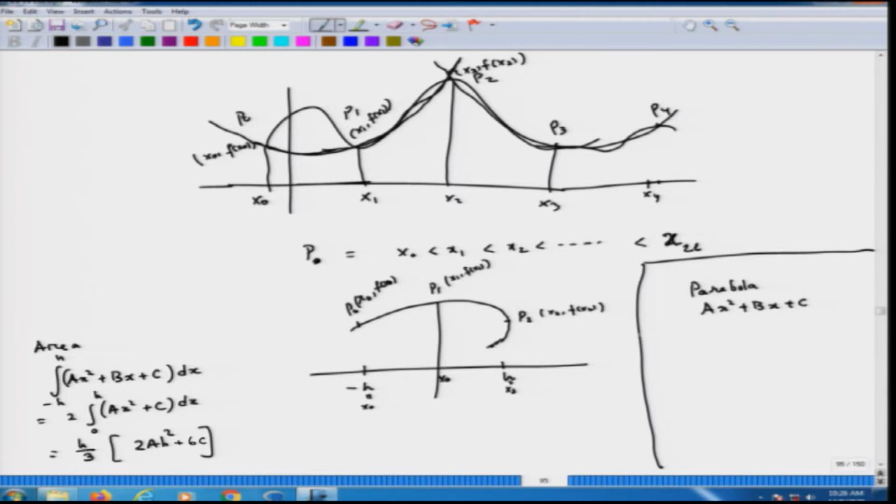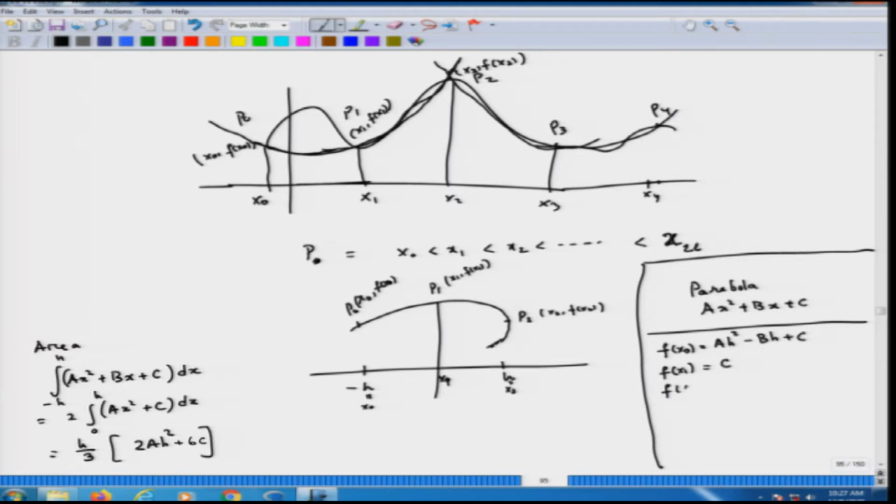Now, look at this parabola. What is f of x naught? Here we are taking x naught to be minus h. Therefore, f of x naught is a h square minus b h plus c, and f of x 1 is equal to 0 here, since x 1 is equal to 0 here. Now, this means it is equal to c.